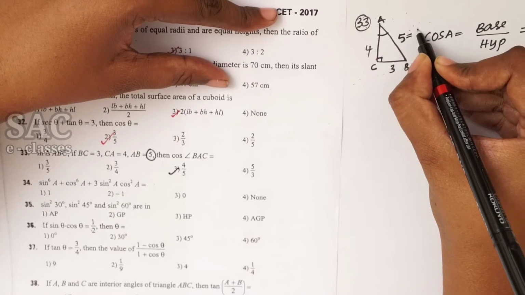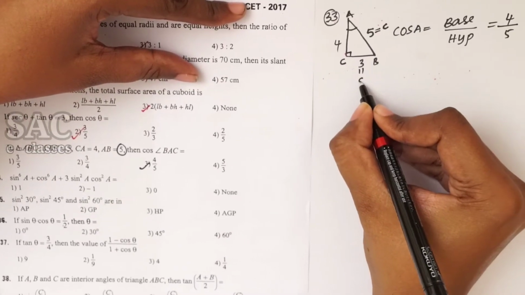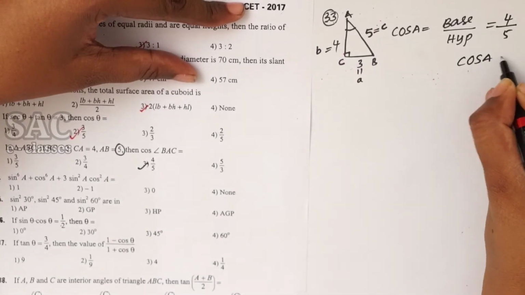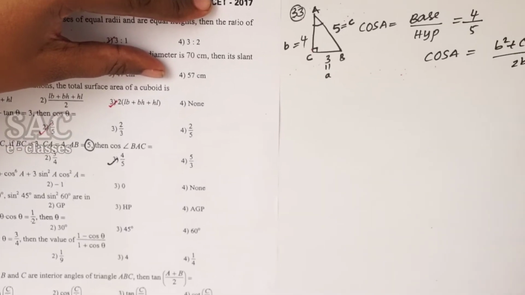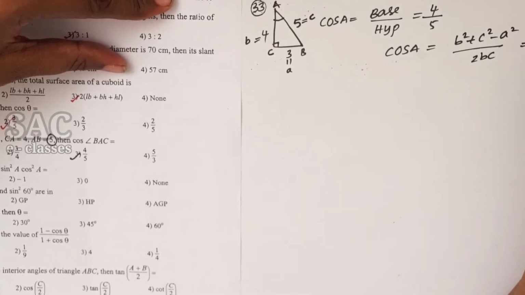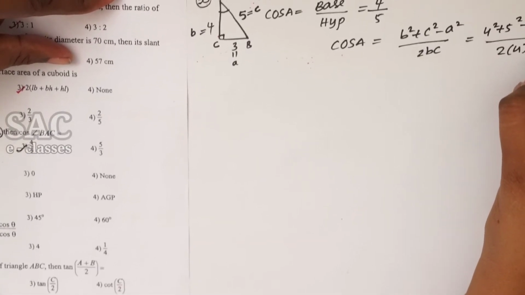This is opposite to C. So let us take it as side C, side A and side B. You want cos A. Cos A can be found as B square plus C square minus A square by 2BC. That is 4 square plus 5 square minus 3 square by 2 into 4 into 5.